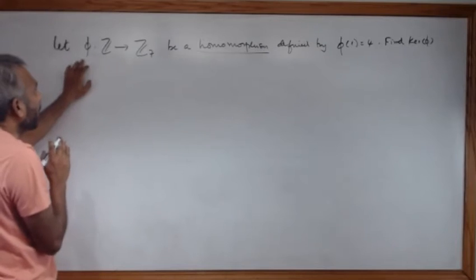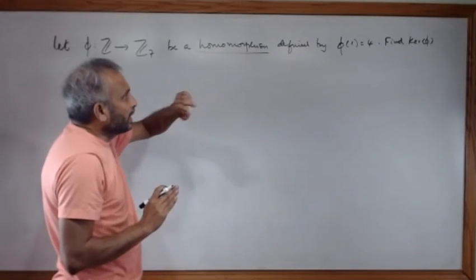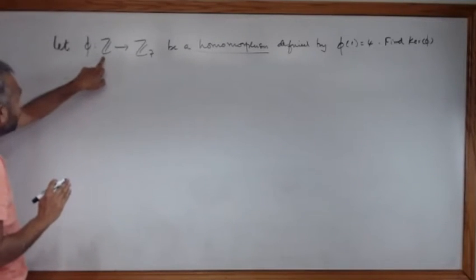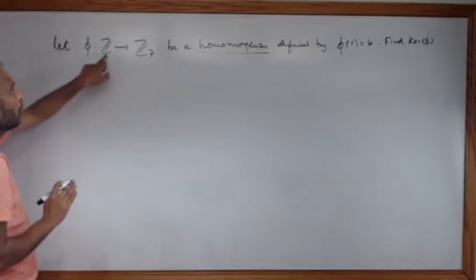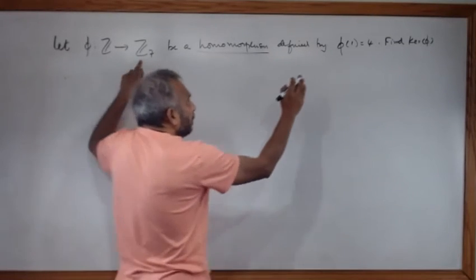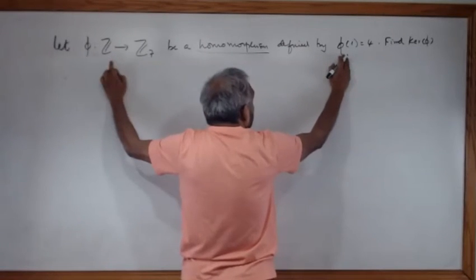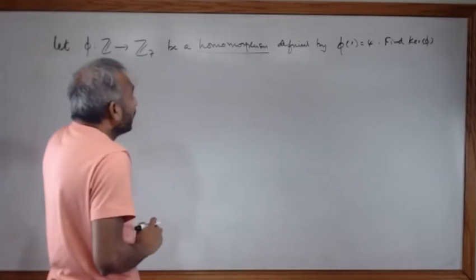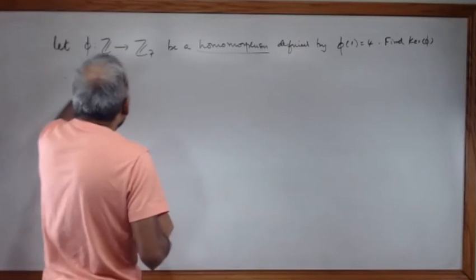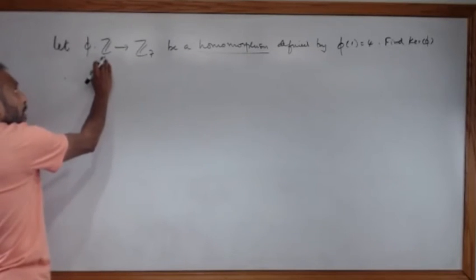This becomes a map because it is a homomorphism. When you are defining a map, every element of Z should be mapped to some element of Z7. Here we are actually mapping only one element. Then, because this is a homomorphism, we can compute the values of the other elements of Z.